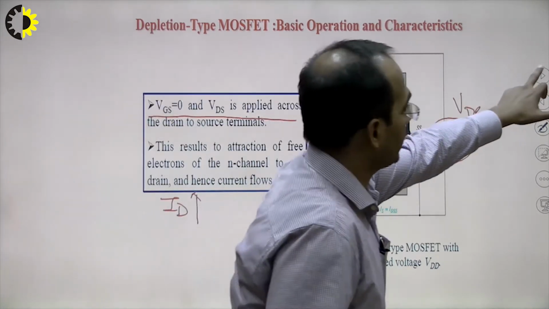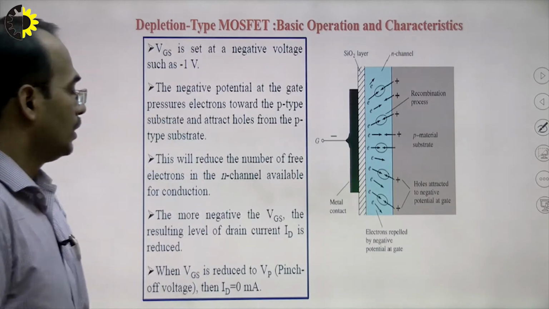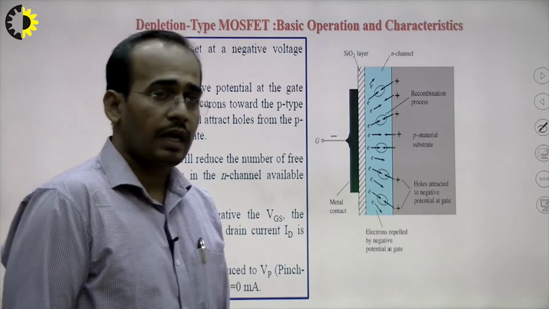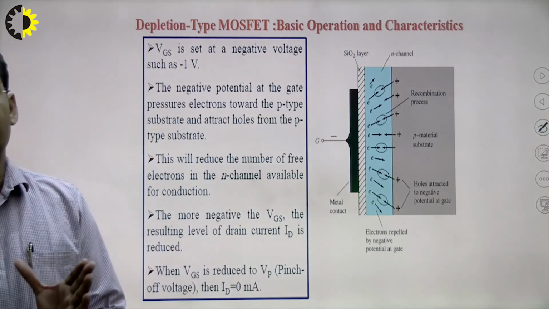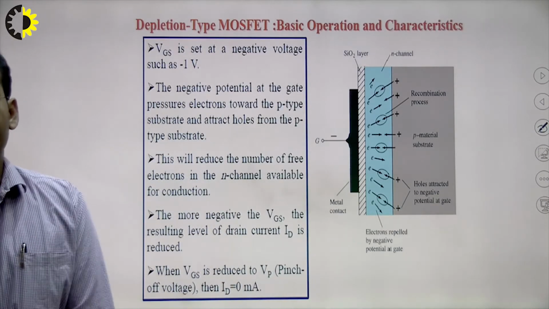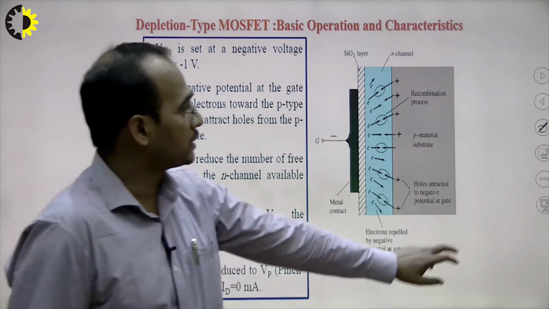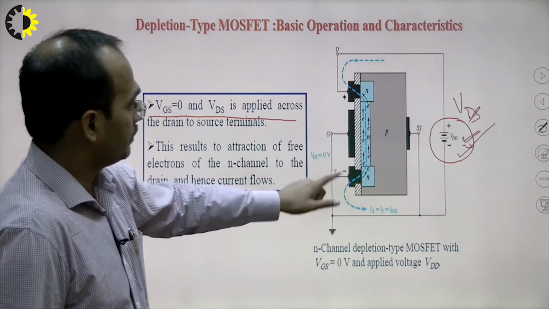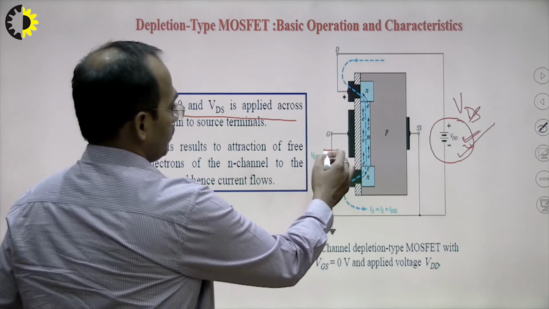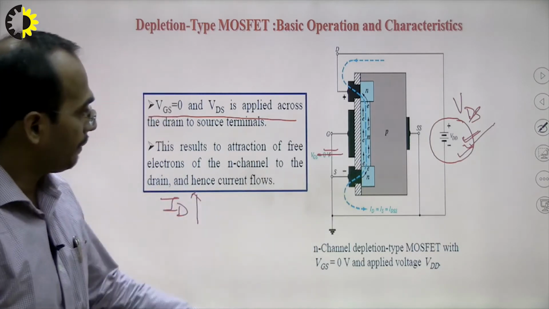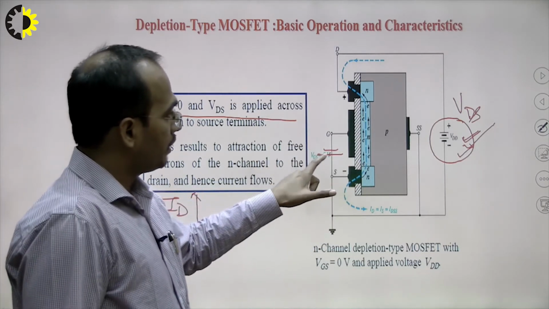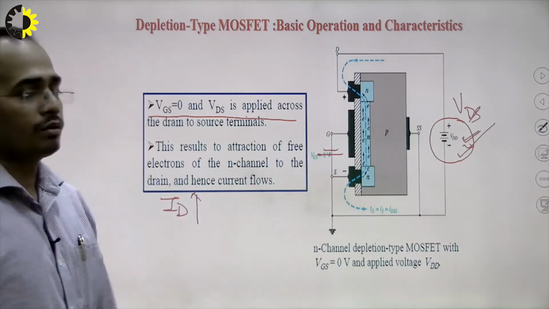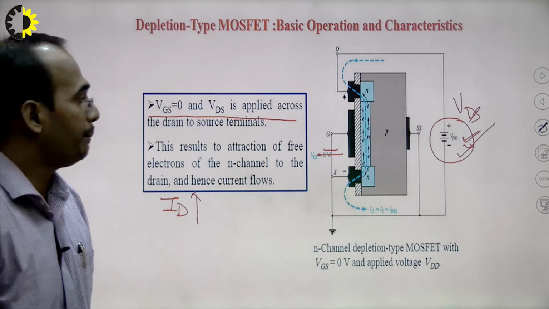Now, come to the third case, when VGS is negative. When I put VGS negative, what will happen? When I apply a negative voltage here, this negative terminal will attract the holes, or you can say the majority charge carriers of the P type substrate.